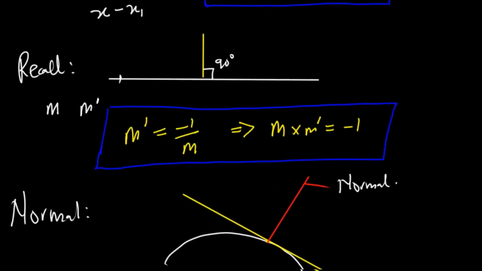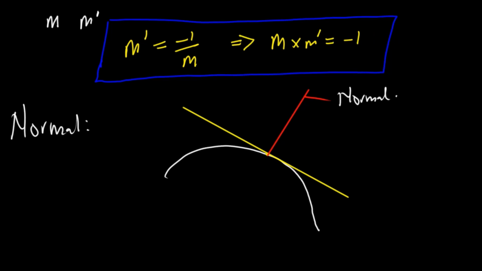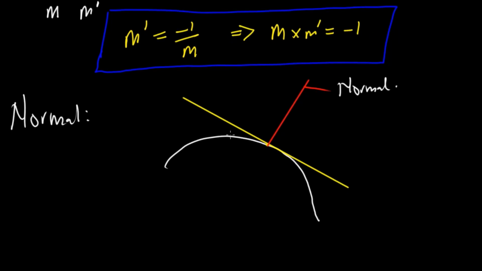So you are going to be using this principle to find the equation of a tangent and also the equation of a normal to curves. Say this is our curve, this is our tangent, and here we have our normal. If you can find the equation of a tangent using the equation of a straight line, you can also find the equation of a normal using m multiplied by m prime equal to -1.